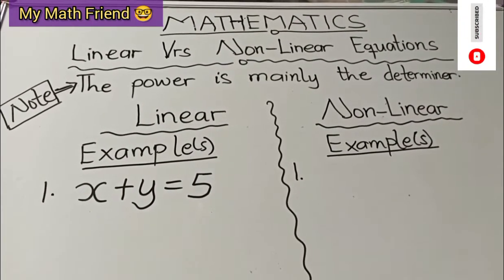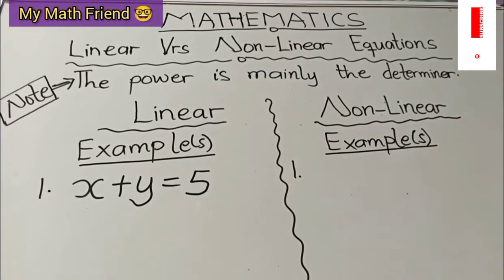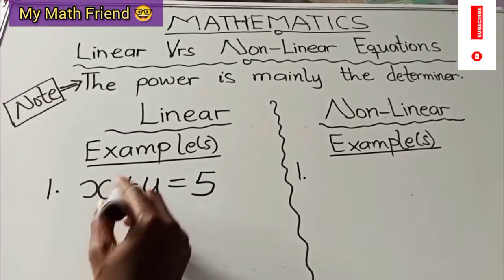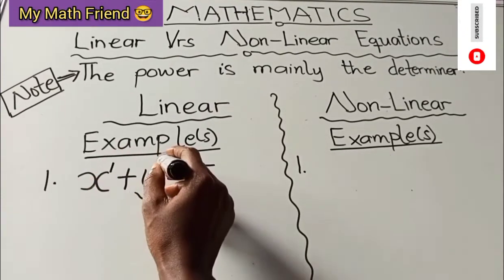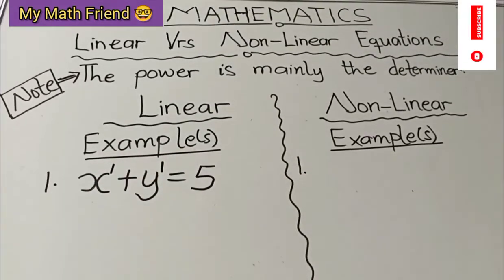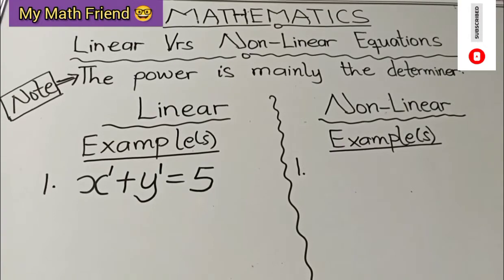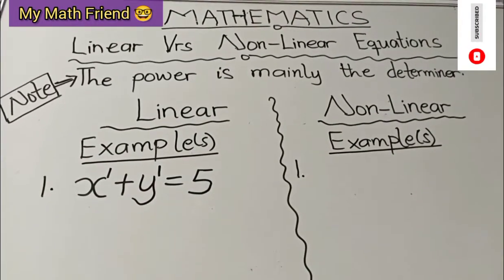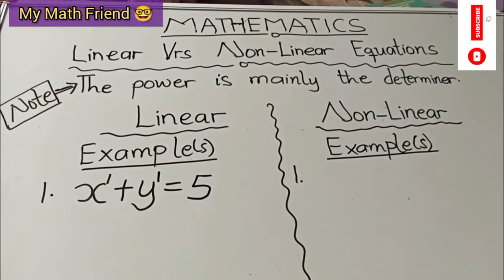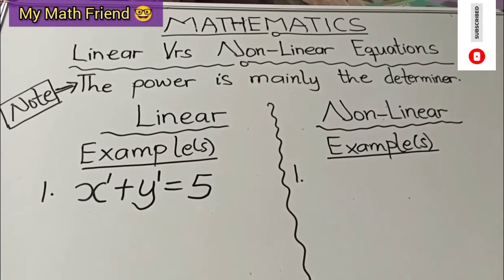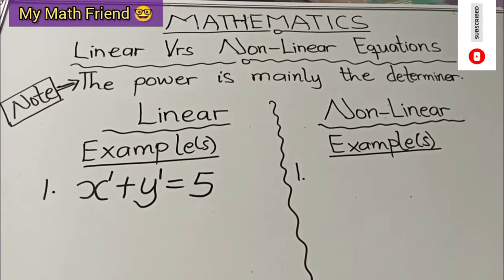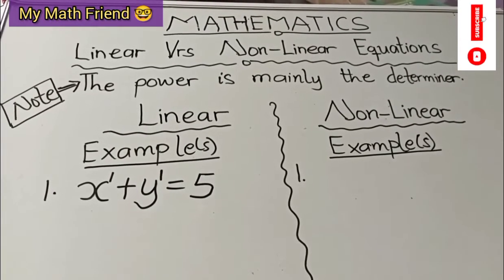Now let's look at the power of these variables. The power of x is 1, and the power of y is 1. So the highest power is 1 for both of the variables, and so this is a linear equation in two variables.